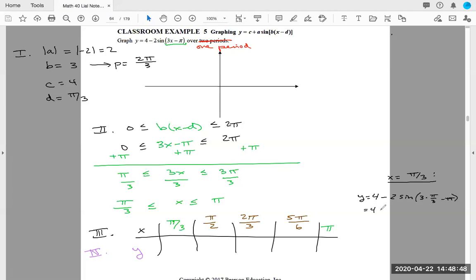So that's 4 minus 2 sine of pi minus pi, which equals 4 minus 2 sine of 0. Sine of 0 is 0. So we get 4 out. Repeat the process. You're going to get a 2, 4, 6, and 4.